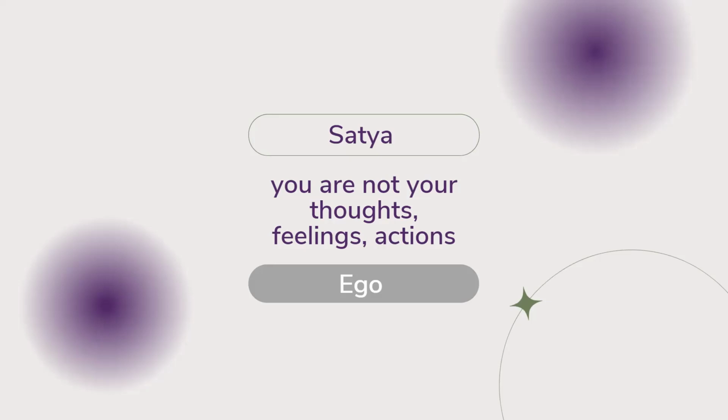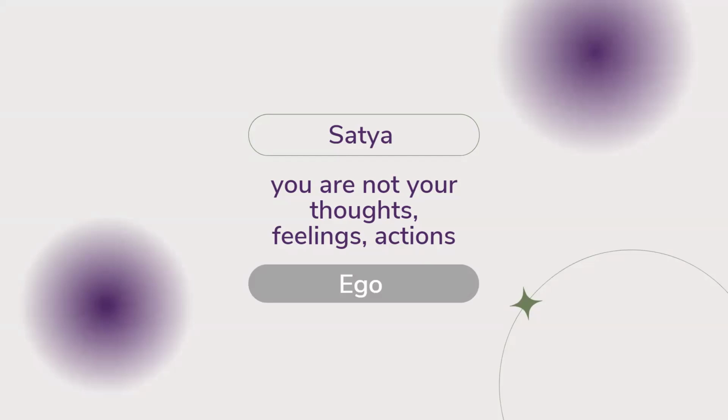What that does is create a little bit of space between the action, or the feeling, and yourself. Let's take I am angry. That sentence in itself suggests that is who you are.